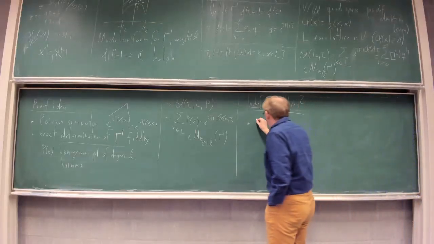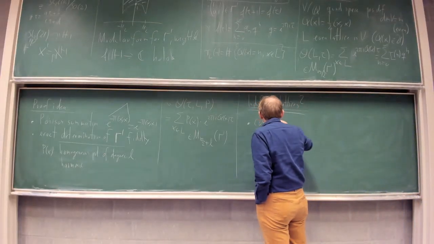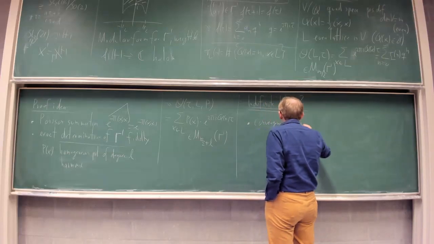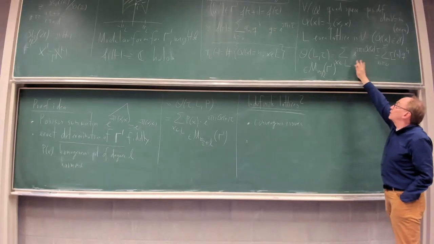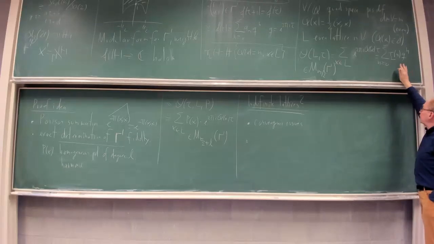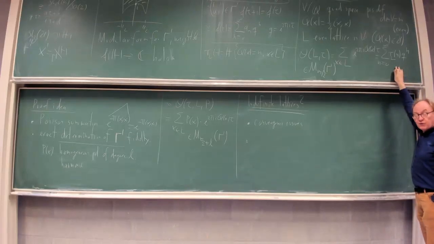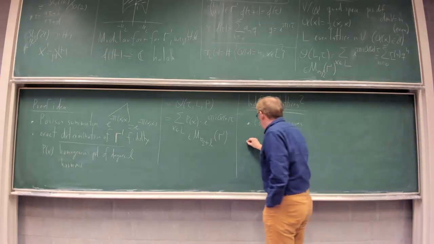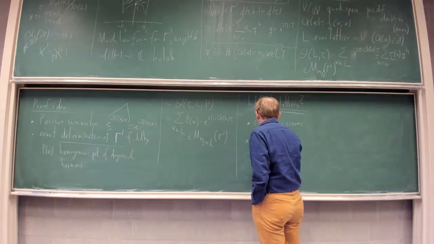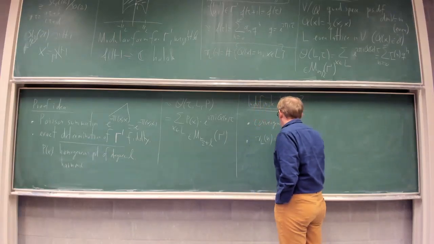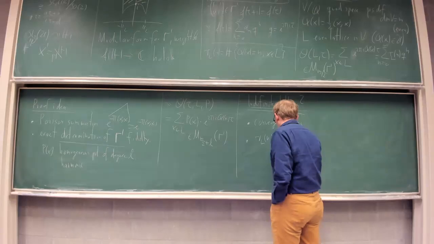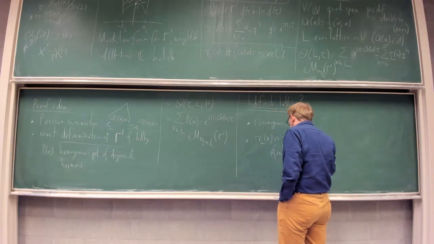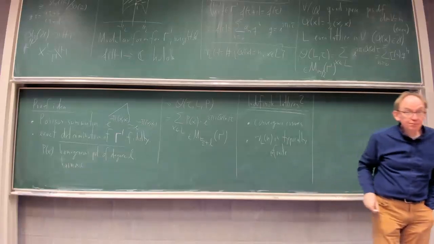So you have serious convergence issues. But also, if you say, okay, this doesn't work, well, that doesn't work either, because these representation numbers r_L(n) for indefinite quadratic forms are typically infinite. So we are in trouble.